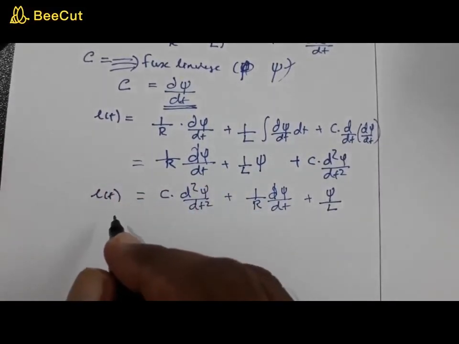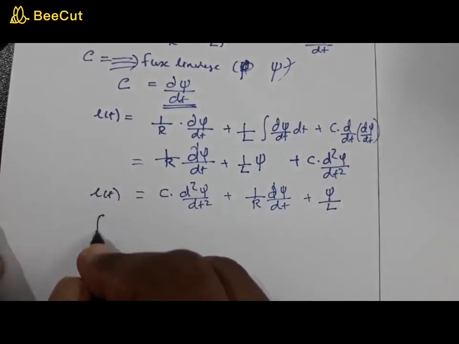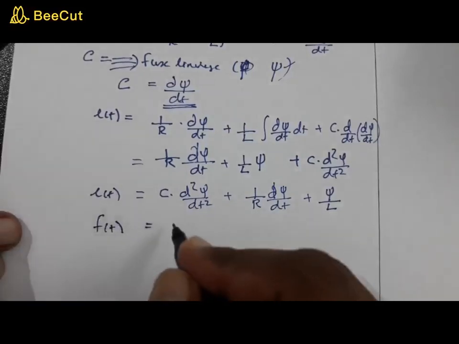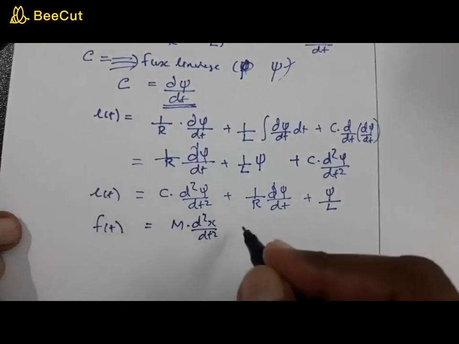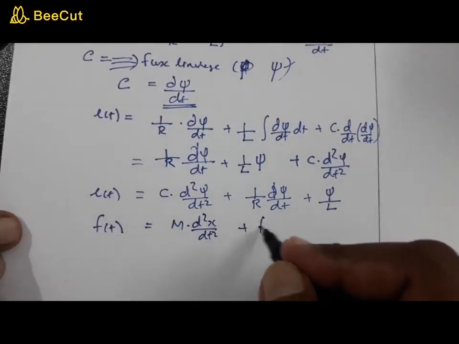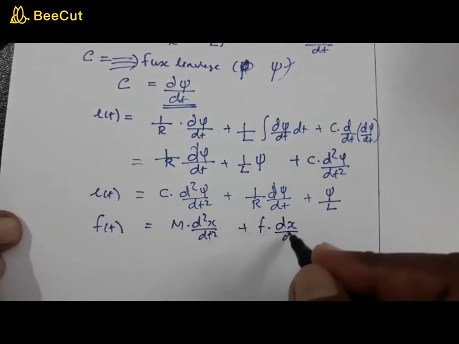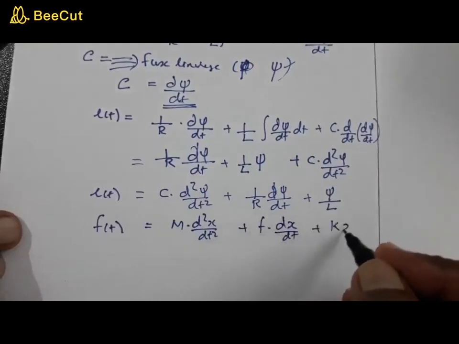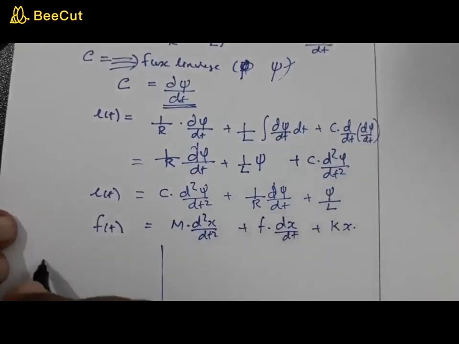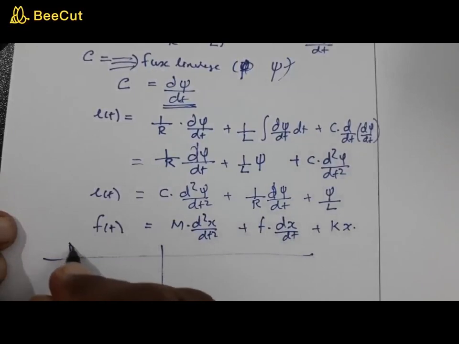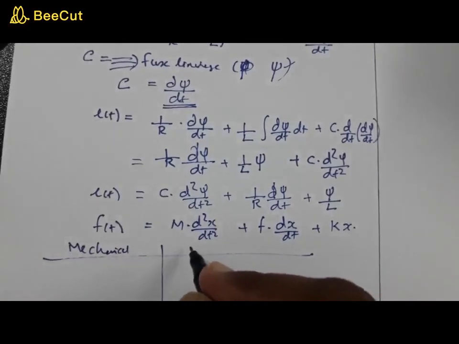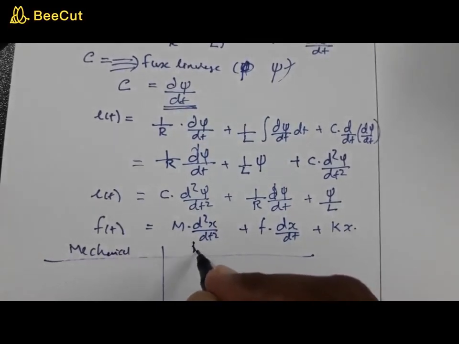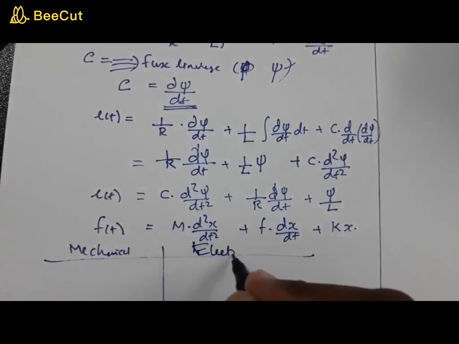Now again you are going to compare with the mechanical equation f of t is equal to m into d square x by dt square plus f into dx by dt plus k into x. Also you are going to have a table, with mechanical parameters here and electrical parameters there.